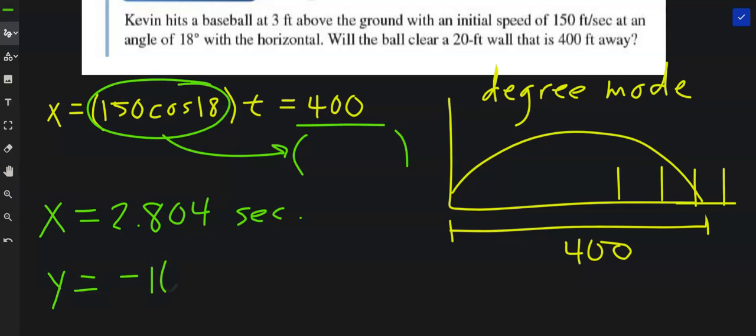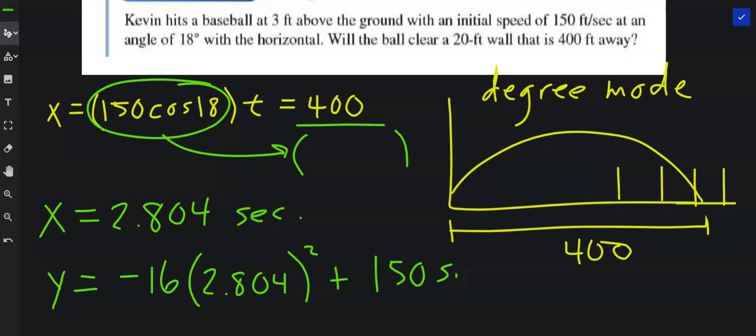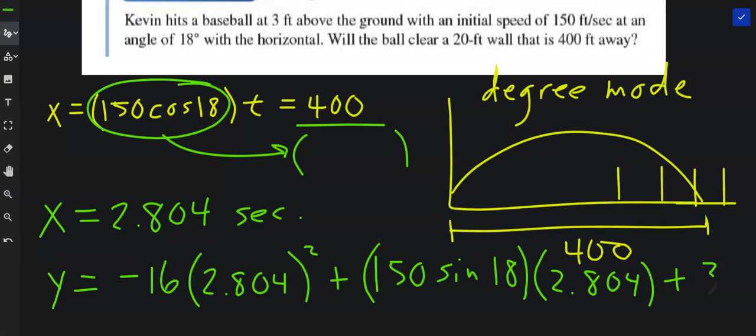What I want to know is how high off the ground that thing will be at 2.804 seconds. You'll notice that I wrote out the other equation.